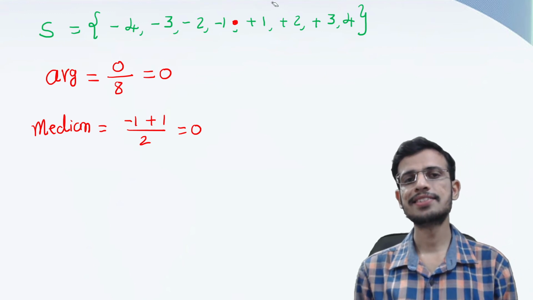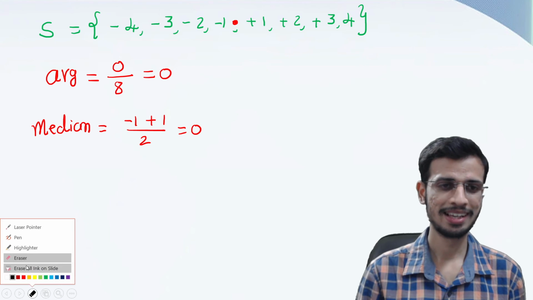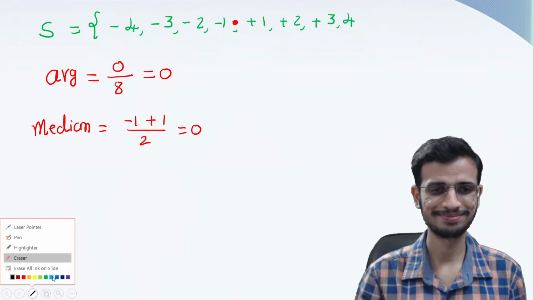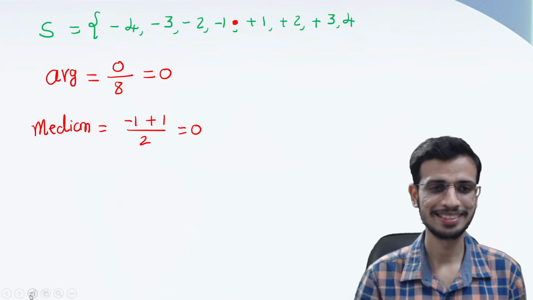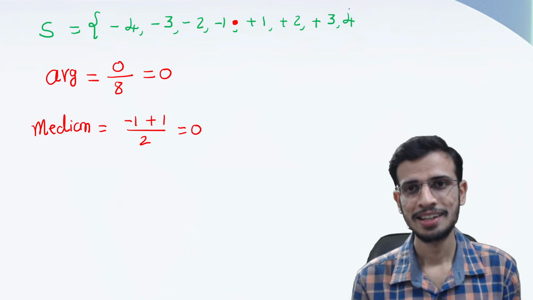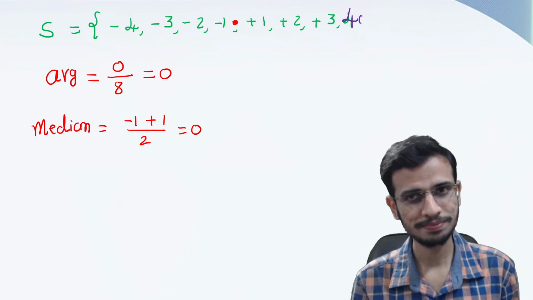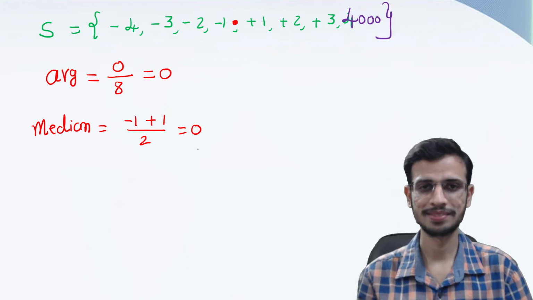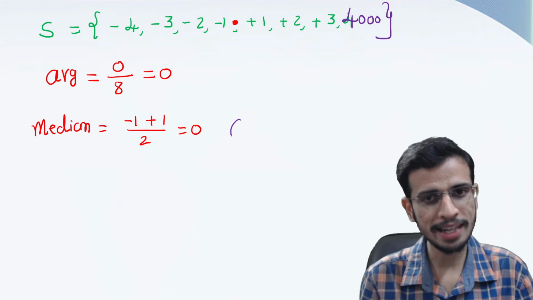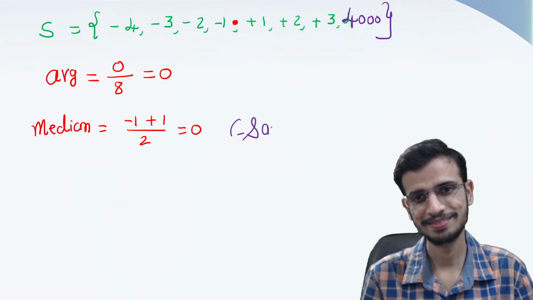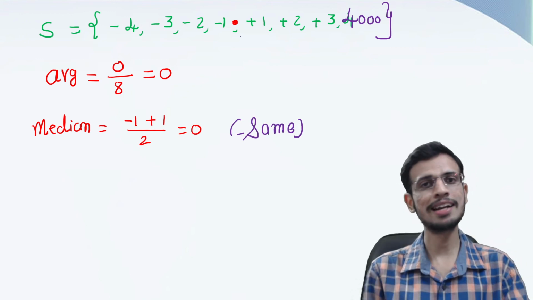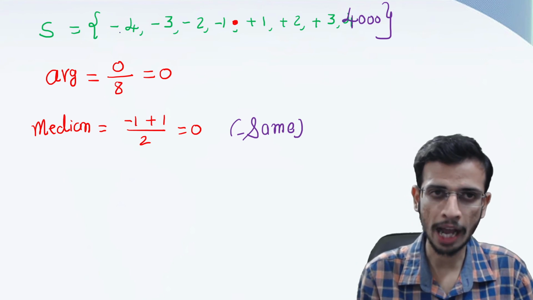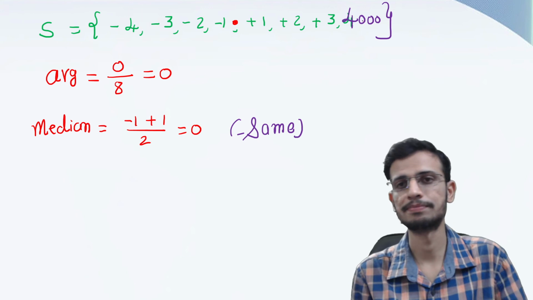Now I am making a little change. In place of 4, I am writing 4000. So average will become positive. See, median will remain the same, yes or no? Physically middle term is the same, 0. I have arranged them in ascending order only.